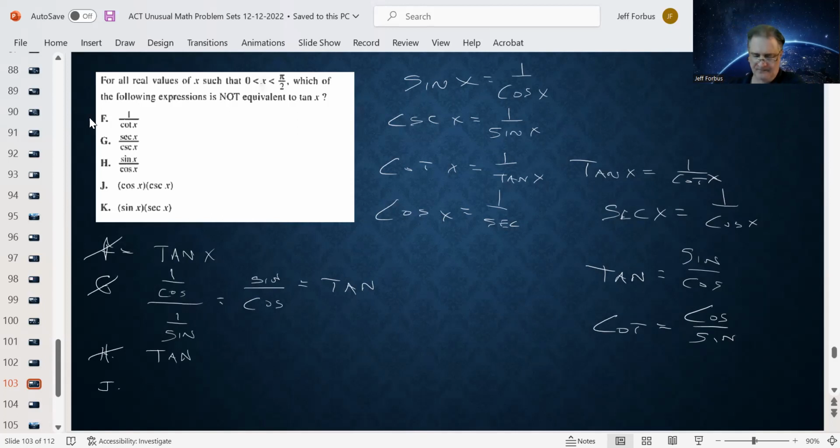J, okay, cosine over the cosecant. I'll work this out for you. So cosine, and then the cosecant is 1 over the sine, times 1 over the sine. So that gives you cosine over sine.